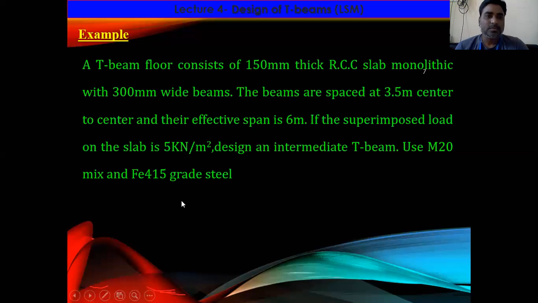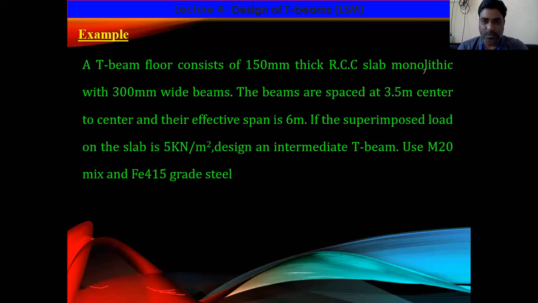Example problem: a T-beam floor consists of 150 thick RCC slab constructed monolithic with 300 wide beam. The beams are spaced at a distance of 3.5 meters center to center, and their effective span is 6 meters.